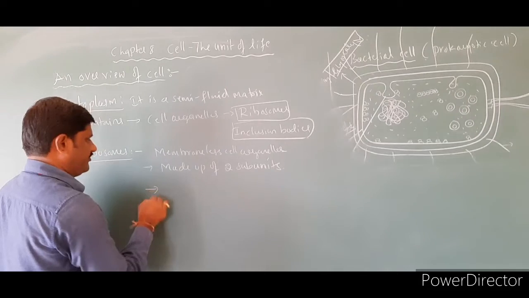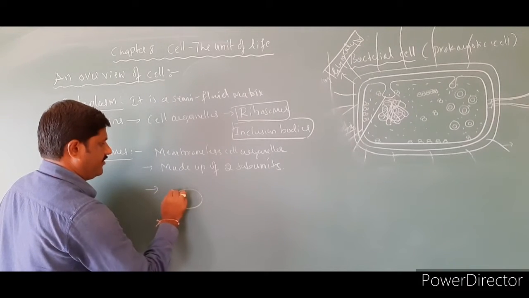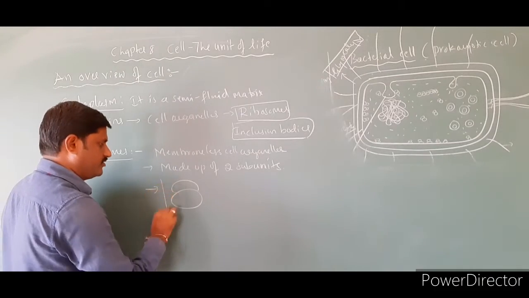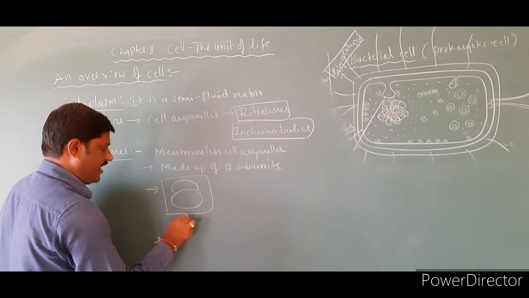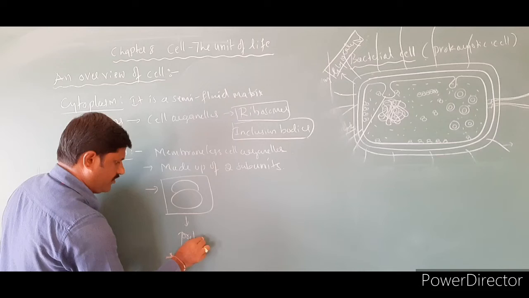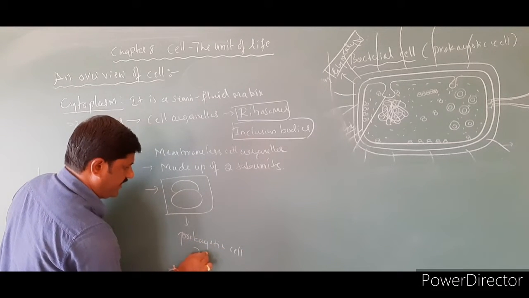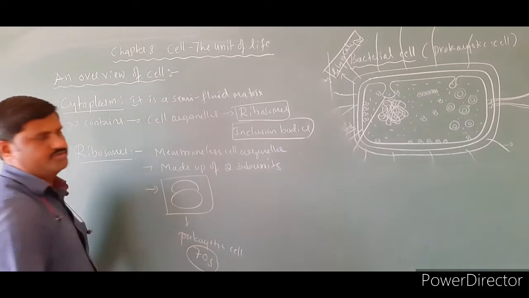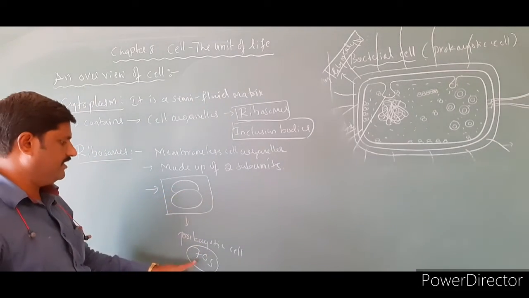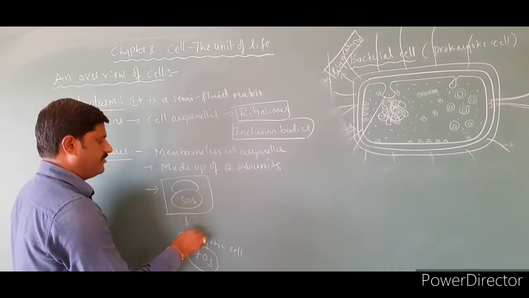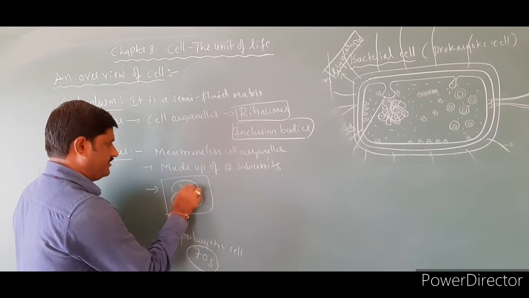The type of ribosomes present in a prokaryotic cell is the 70S type of ribosome. It has a 50S subunit and a 30S subunit.